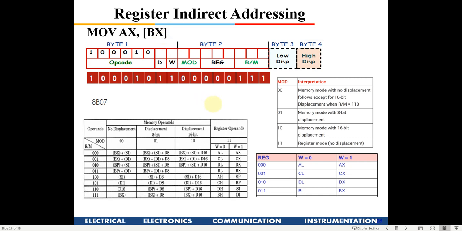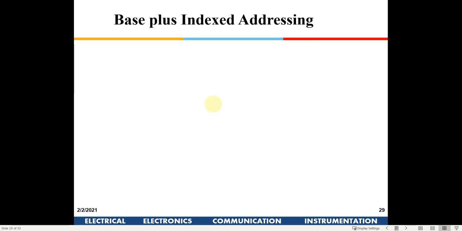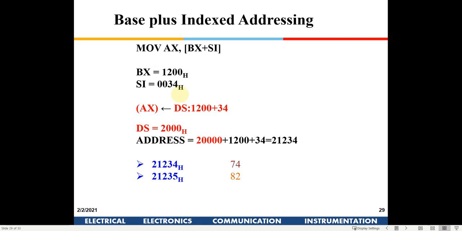Correct. Okay. Now let us take one more example. Move BX plus SI, right? So this is an example given. If BX is this, if SI is this, and DS is this, the physical address which will be calculated will be like this: DS into 10 plus whatever is there in BX plus whatever is there in SI.